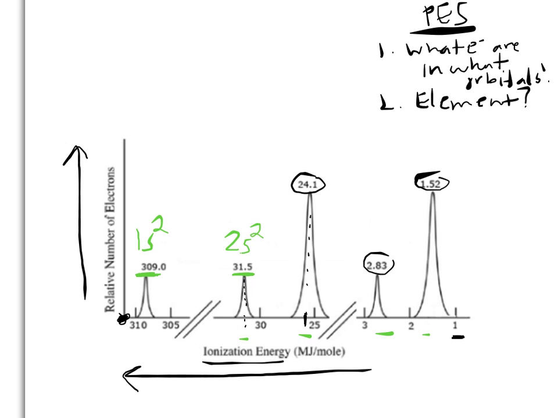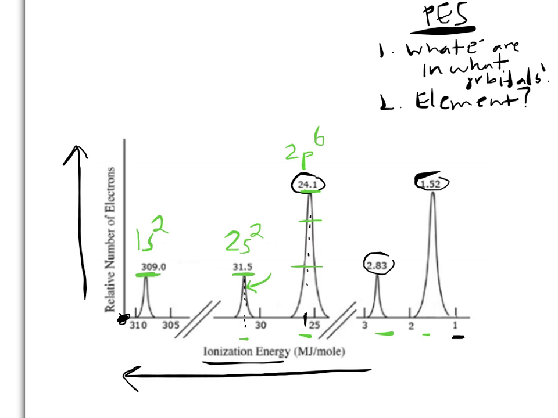After the s orbital, the next higher energy orbital is a 2p orbital. And now notice the peak is much higher. So there are more electrons in this orbital than in the s orbital. It looks like this peak is about 3 times as large as this peak over here, so there are 3 times as many electrons. So this must represent 2p6.